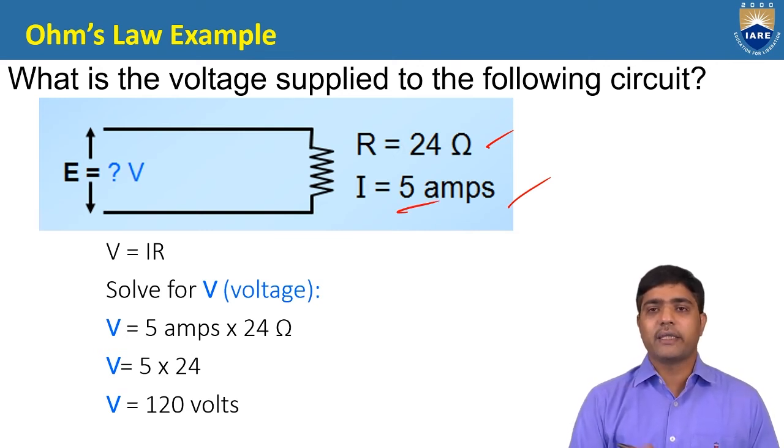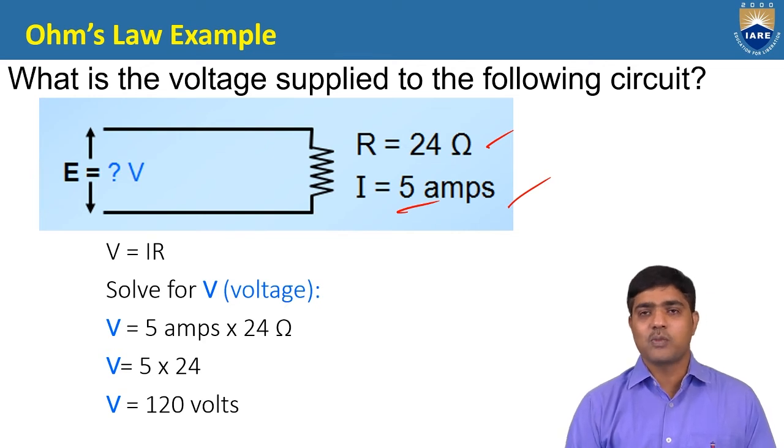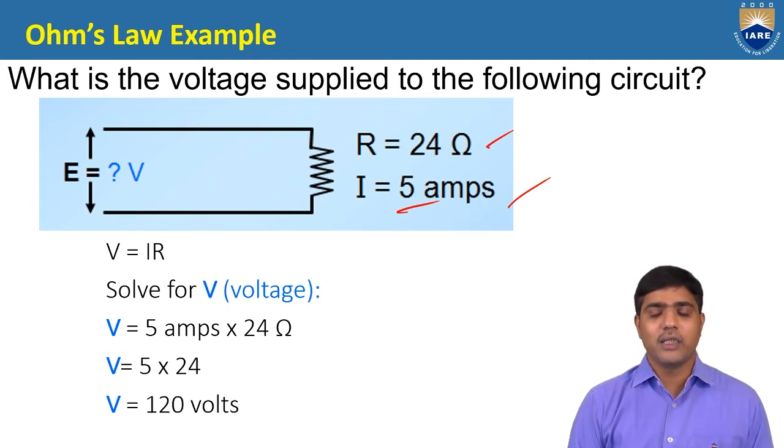If you multiply these two, you get 120 volts. This is the voltage applied. So this is a simple application of Ohm's law. Like that you can utilize Ohm's law in any electric circuit to find the unknown quantities of voltage, current or resistance.